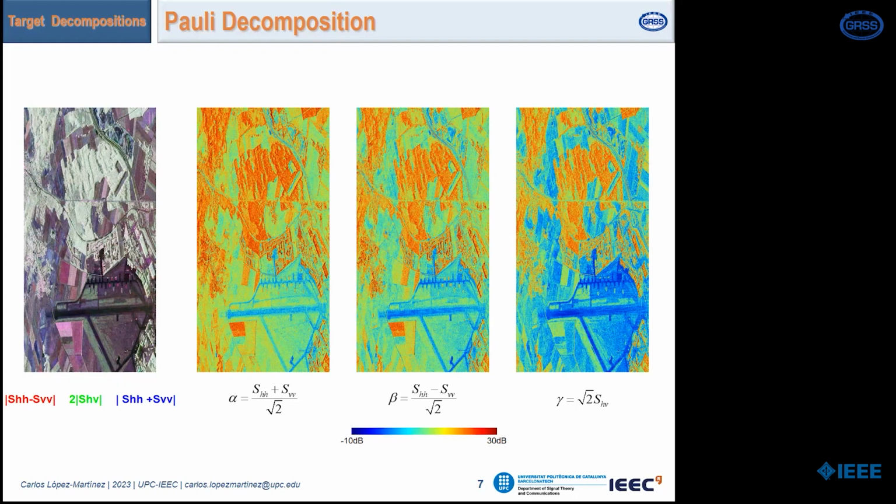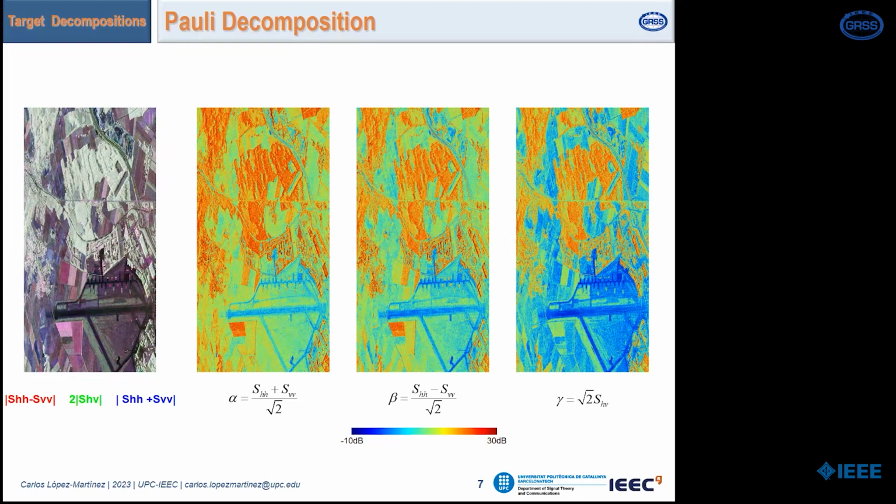So it's useful to see the polarimetric information content, and I can combine them in color. This color composition is nothing more than combining these elements in here. What I'm interested in are the relative differences between them.